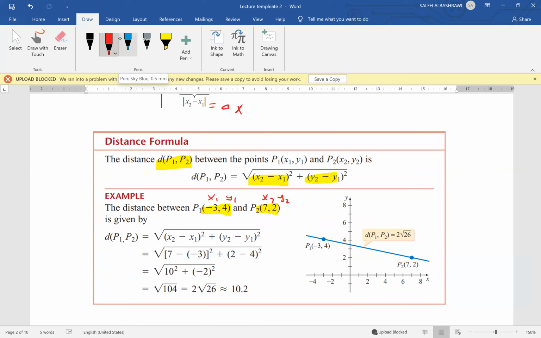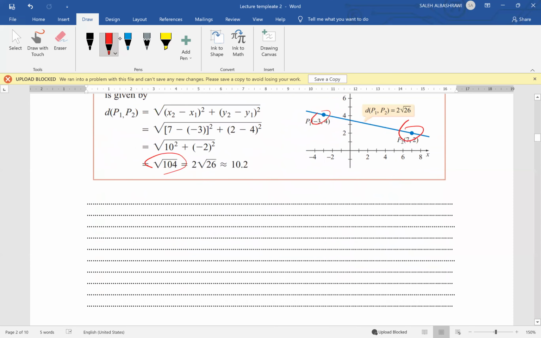I will have square root of 104. So the distance between 2 points is given by this formula: square root of delta x square, or x2 minus x1 square, plus y2 minus y1 square.